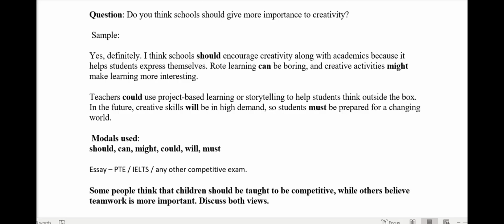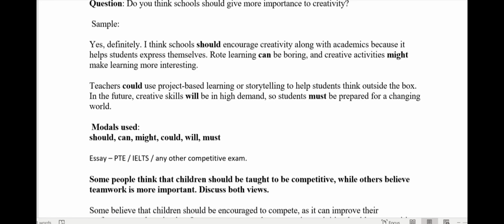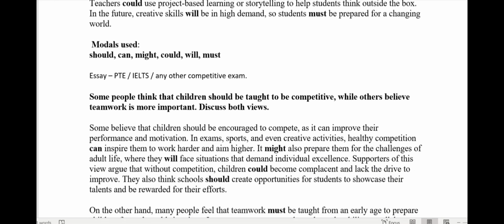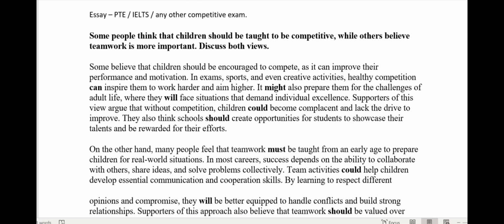Right. Let's go through an essay also, important for all the competitive exams, including IELTS and PTE. So, what is the question like? Some people think that children should be taught to be competitive, while others believe teamwork is more important. Discuss both the views.